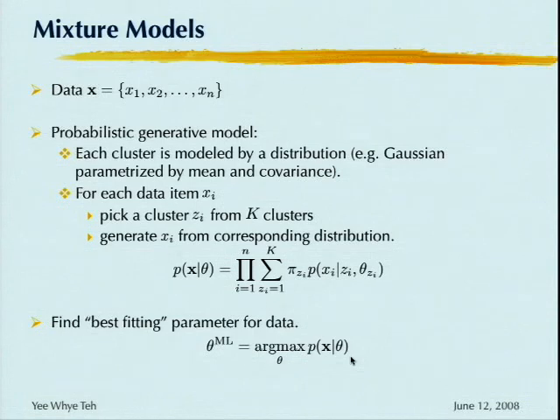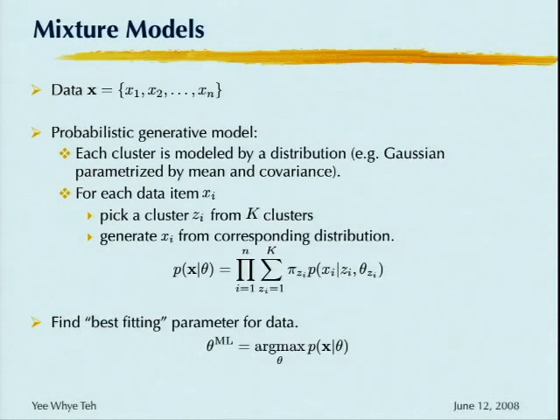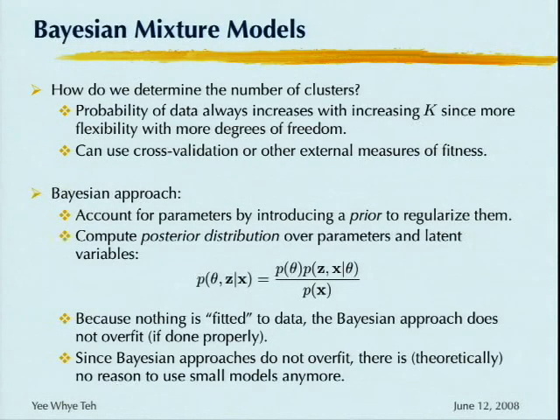I think a lot of people here would know about it, so I won't really go into it. Once you've found a maximum likelihood set of parameters, that tells you where the clusters are. So the second question we should ask is, how do we determine the number of clusters?